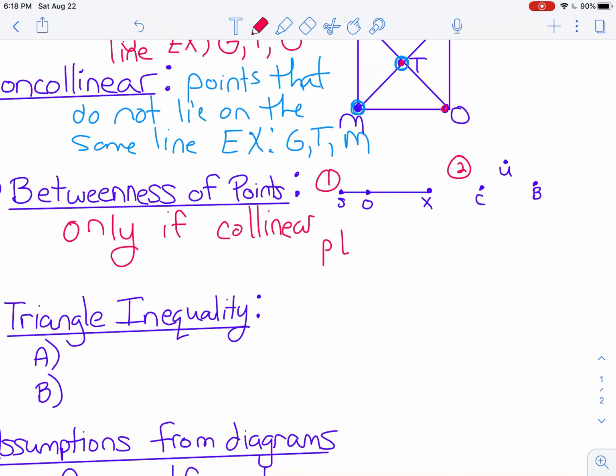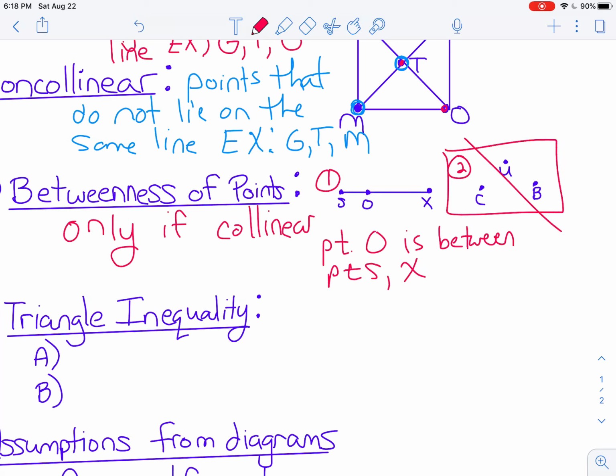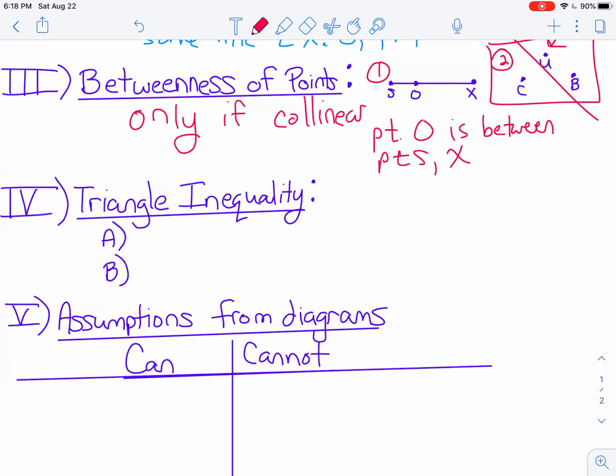I can say that point O is between points S and X. However, I cannot say that point U is between C and B because it is non-collinear. So in your examples, if they say, draw 3 points, and make point B between A and C, you know that B has to be collinear with A and C.